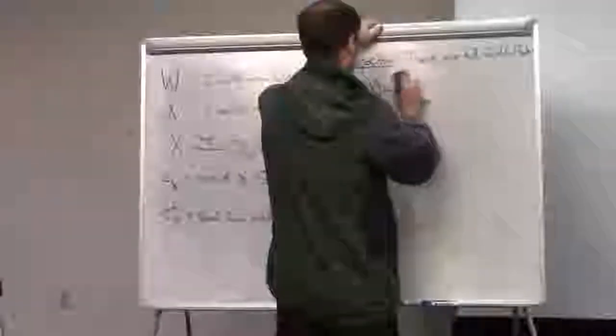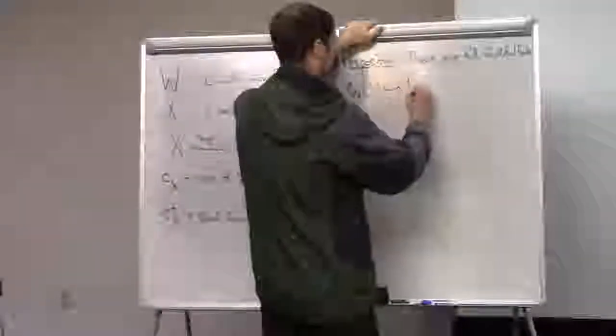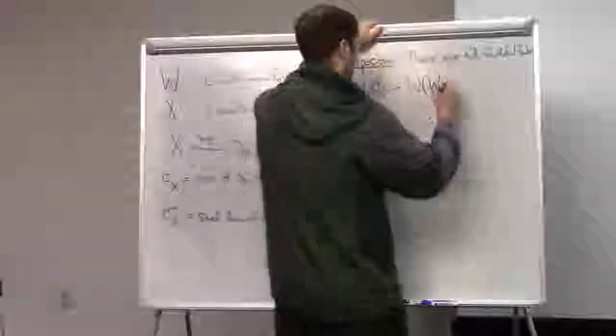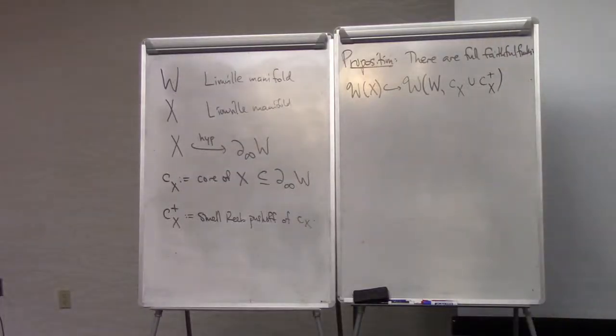Running out of space here. So it's just W of X goes into W stopped at Cx union the positive push off.